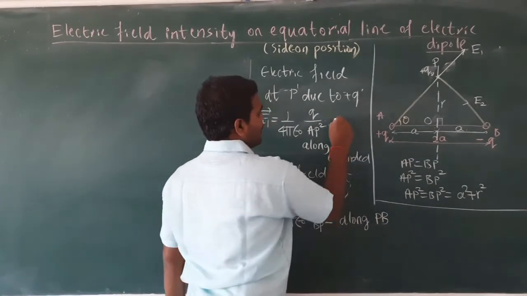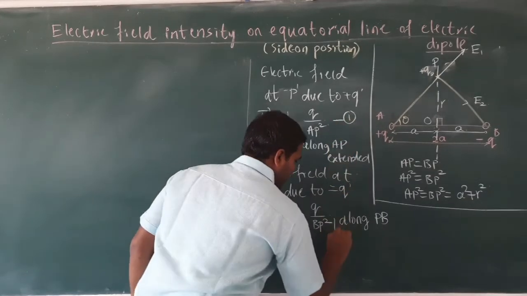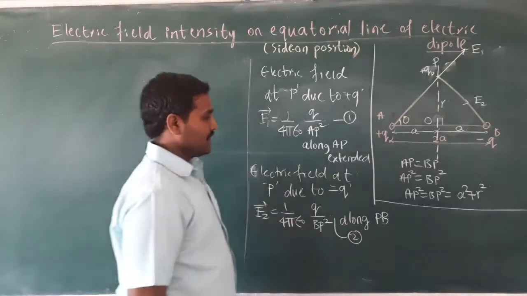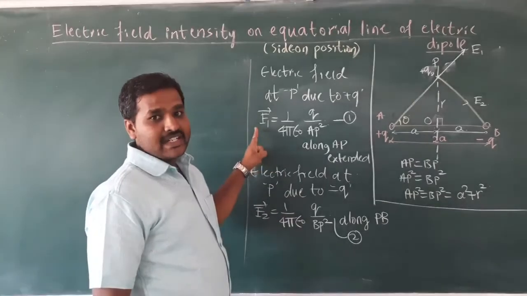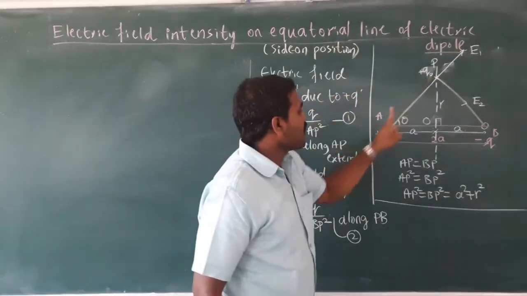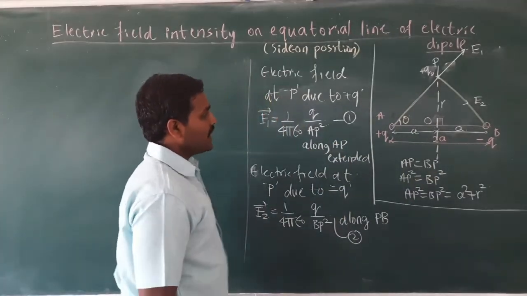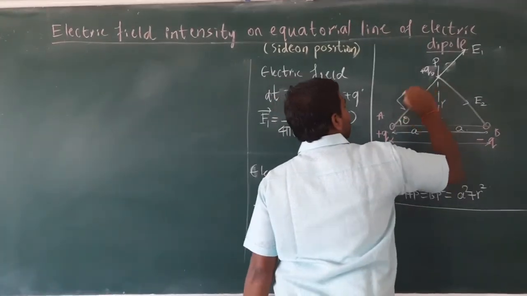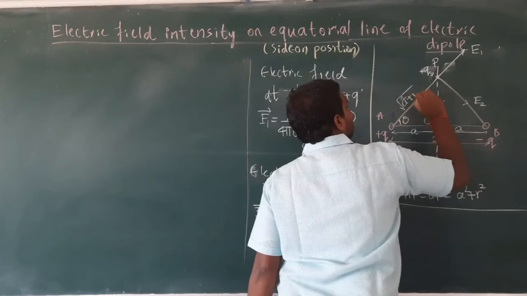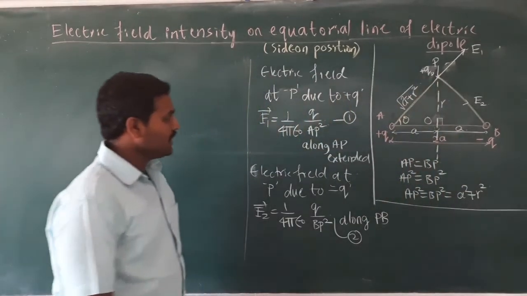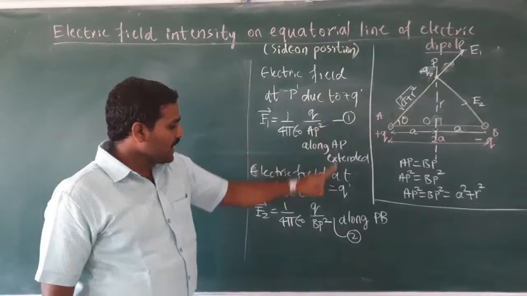Let me write this as equation number 1. Let me consider this as equation number 2. So these are the electric field intensities at P because of charge plus Q and minus Q. And this AP I can write as root of A square plus R square. Compare these two equations 1 and 2.